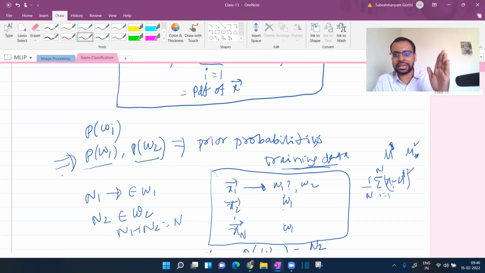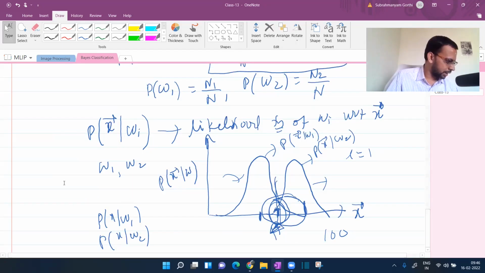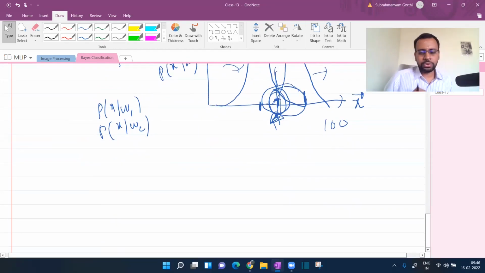That is how we are calculating these prior probabilities. But if that is not the case, with some other prior information, then you need to compute P(omega 1) and P(omega 2). Is that fine? Yes, sir. Good.